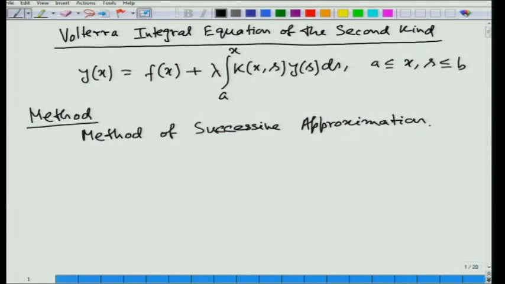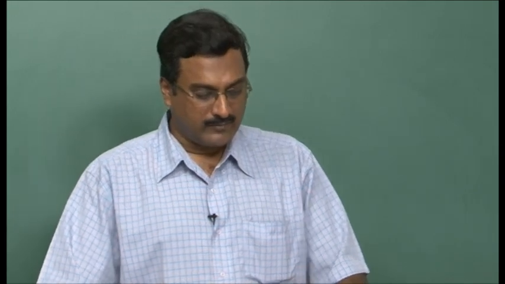Method of successive approximation. Now, immediately one question comes up: what will be the condition satisfied by f and k(x, s) such that we can apply this method, or by using this method we can solve the given Volterra integral equation.